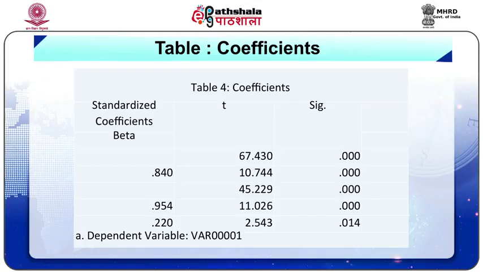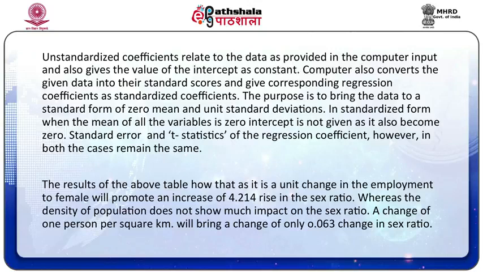Table 4 shows the regression coefficients in unstandardized form as well as in standardized form. Unstandardized coefficients relate to the data as provided in the computer input and also give the value of the intercept as constant. The computer also converts the given data into their standard scores and gives corresponding regression coefficients as standardized coefficients.